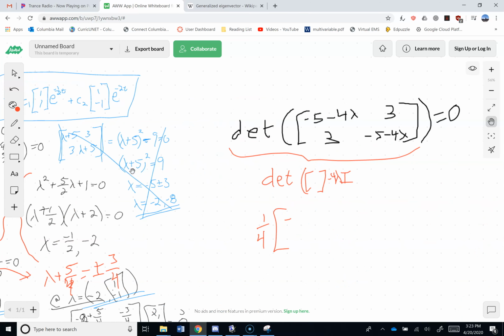Yep. Okay. So you had 1/4 times -5, 3, 3, -5, minus lambda times I, and the determinant of this matrix is supposed to be 0.